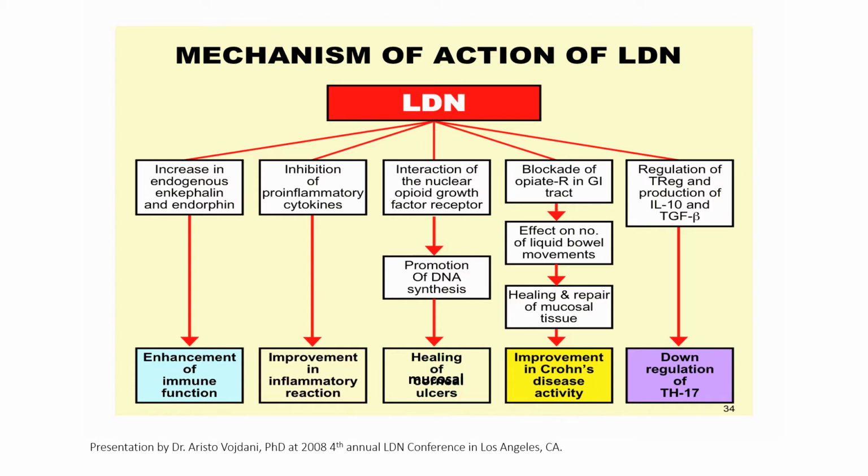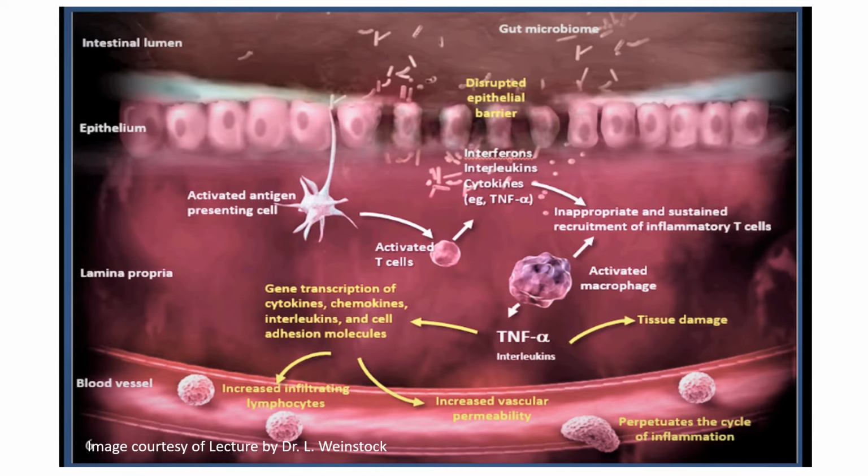And finally, one MOA is the regulation of Treg cells and the production of interleukin 10 and TGF-beta, thus downregulating Th17. This slide is borrowed from a lecture given by Dr. Weinstock, who is a gastroenterologist and leading investigator into LDN in clinical practice.